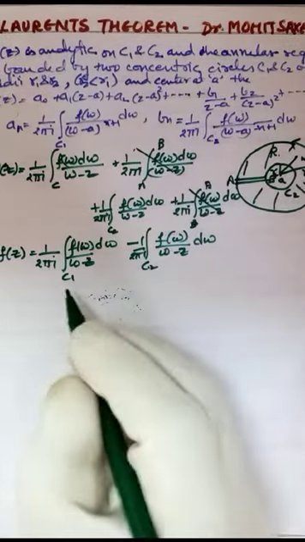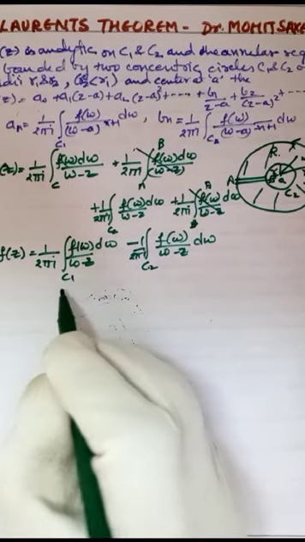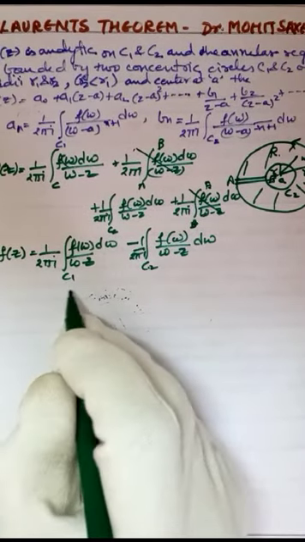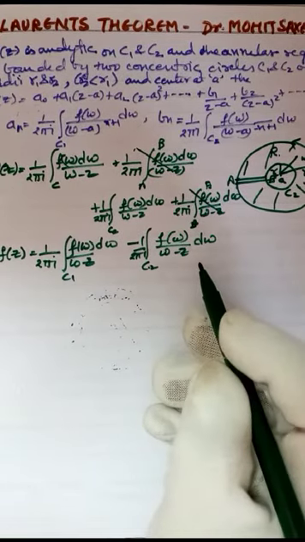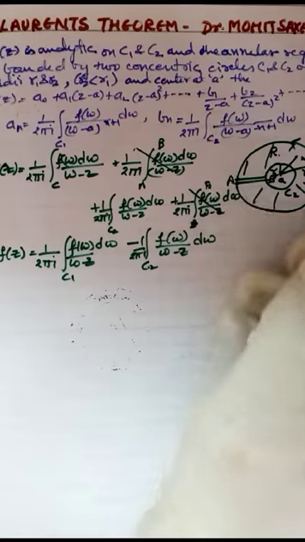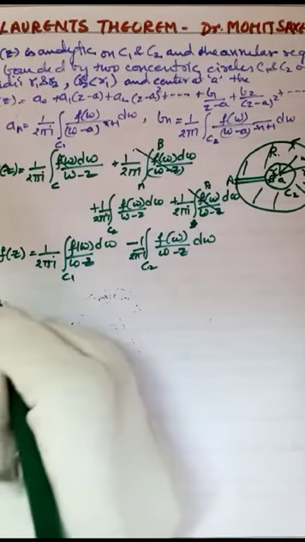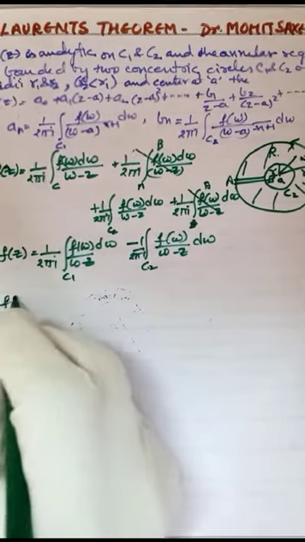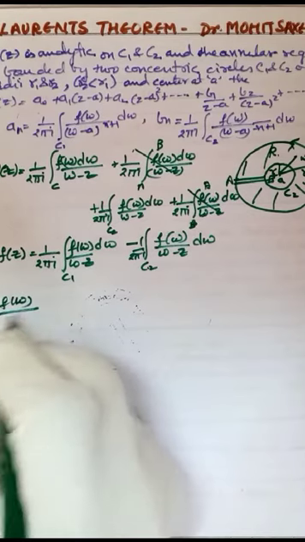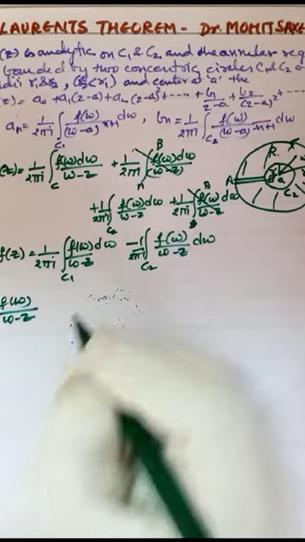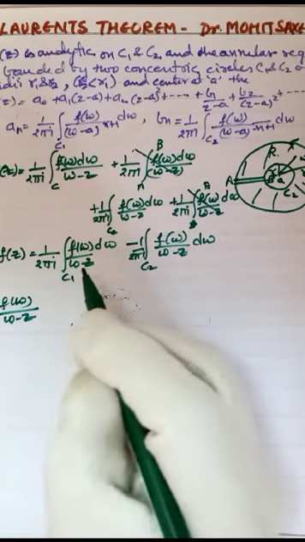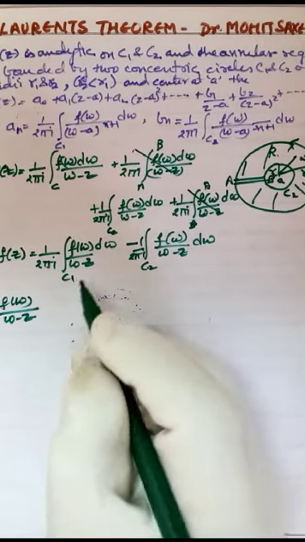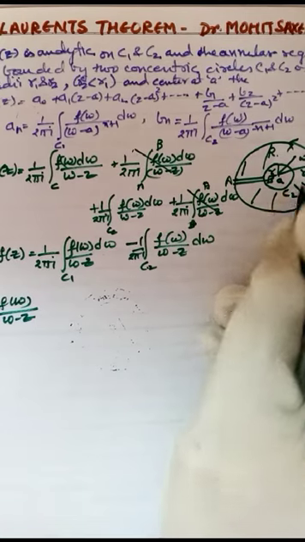Now out of these two integrals, the first integral is around C1 and the second integral is around C2. If we consider C1, then f(w) upon (w minus z) can be expanded in the form of a Taylor series.